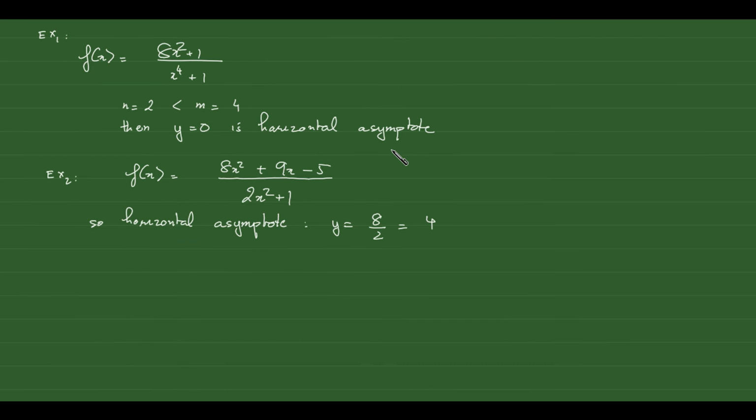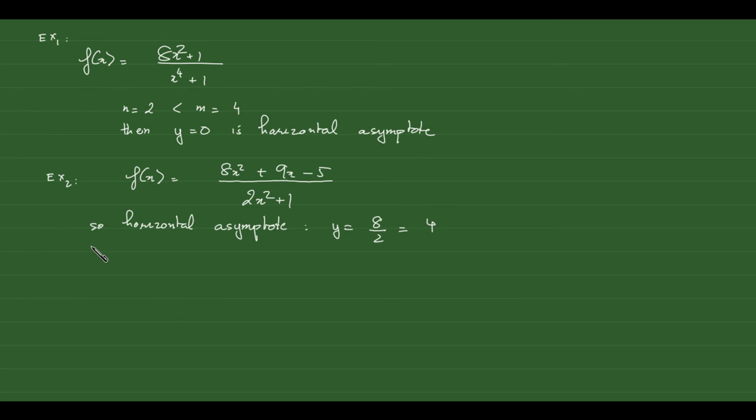Of course, if the degree on the top is greater than the bottom, we don't have a horizontal asymptote. We already know that. So that is the rule for horizontal asymptote. According to the rule, if the degree on the top is greater than the degree at the bottom, there's no horizontal asymptote.